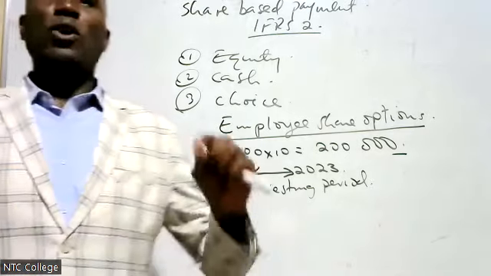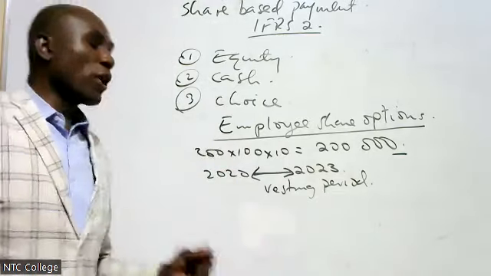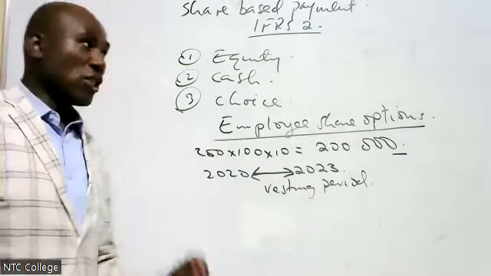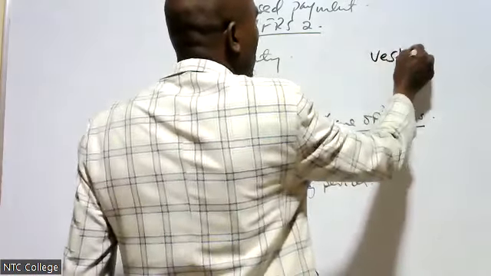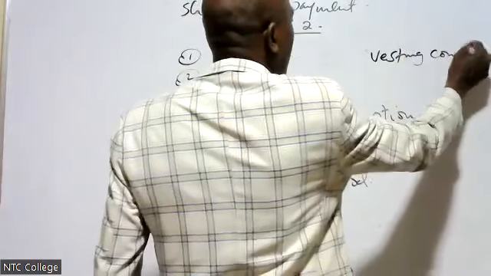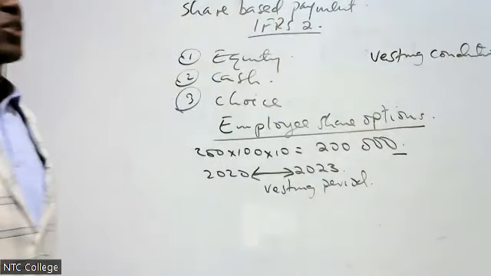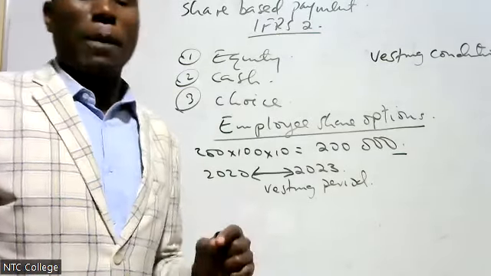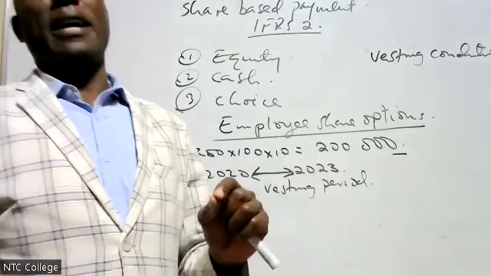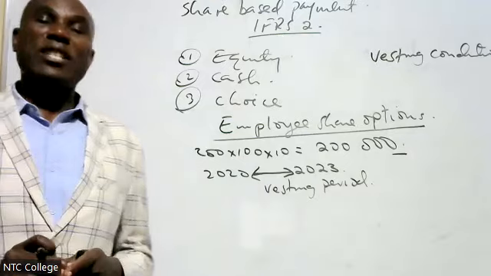And we say that there will be conditions attached. Any condition that will be attached, we call it vesting condition. Vesting conditions are the conditions that the counterparty must satisfy before it becomes entitled to equity instrument.